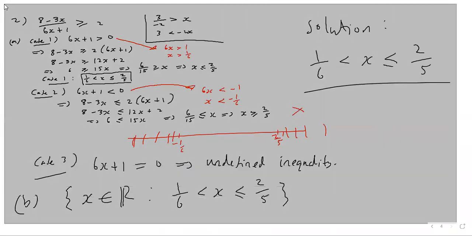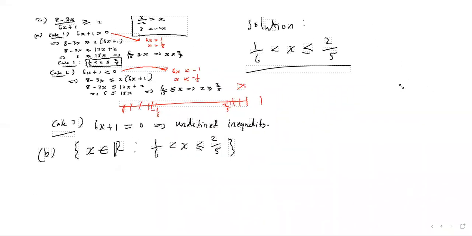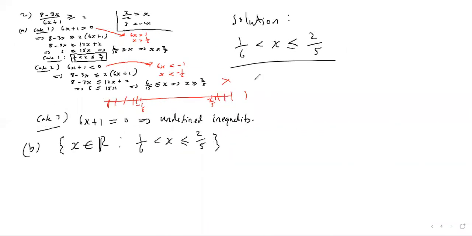And then part C, the graphical interpretation of what this means. Similarly to the first question, it just means that when x is between 1 over 6 and 2 over 5, the graph y equals 8 minus 3x over 6x plus 1 is bigger than y equals 2. So we'll just write this down here.